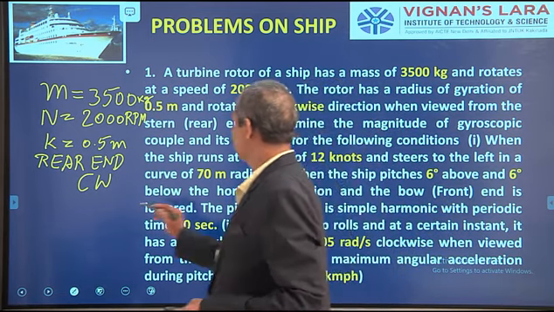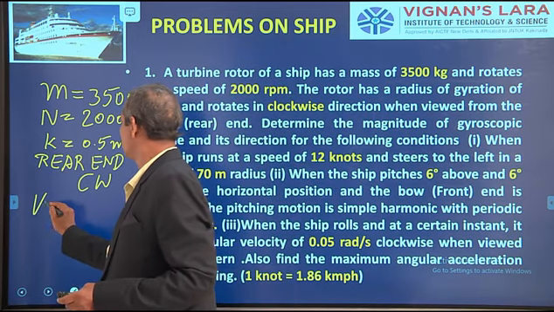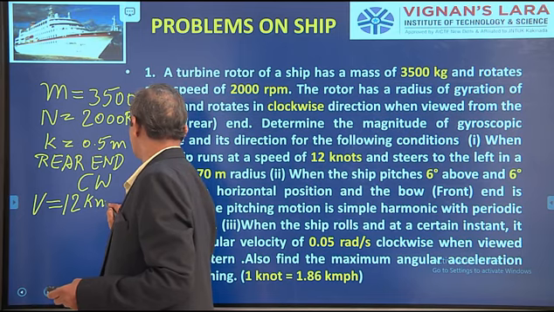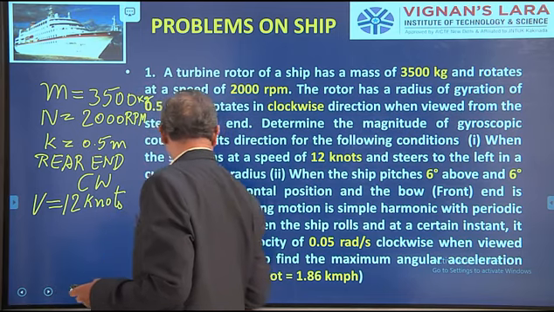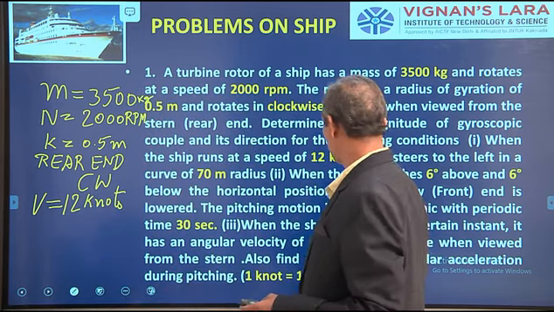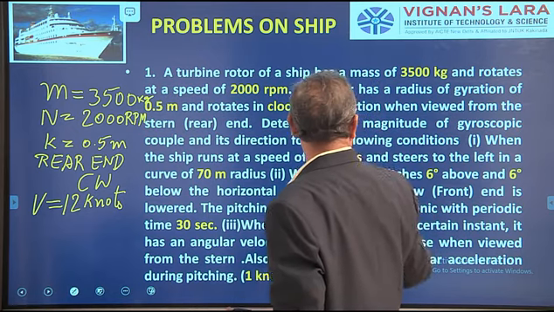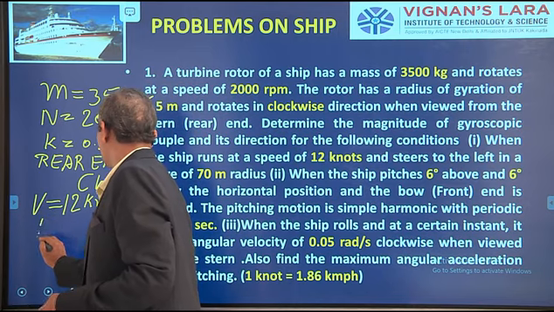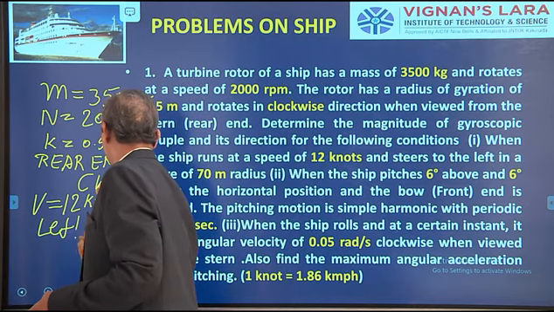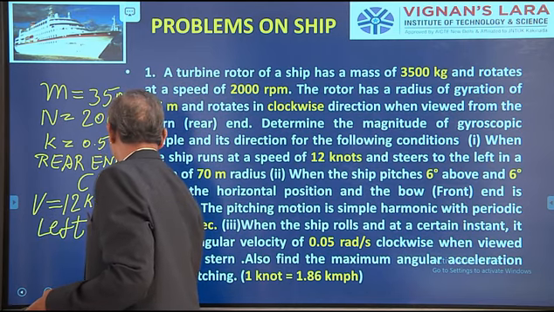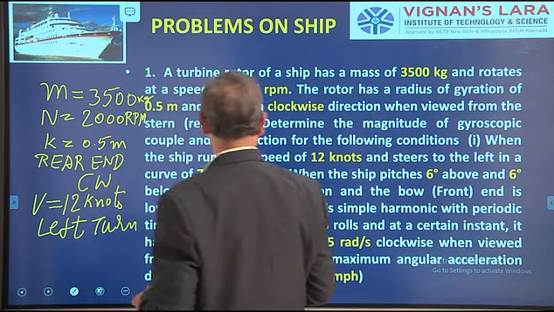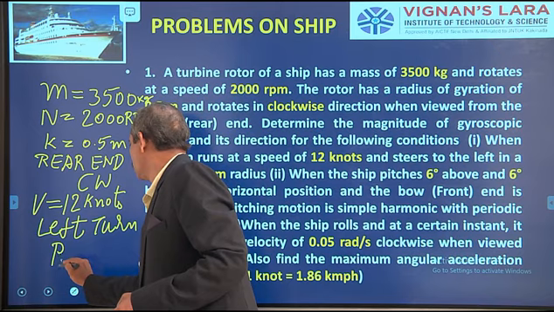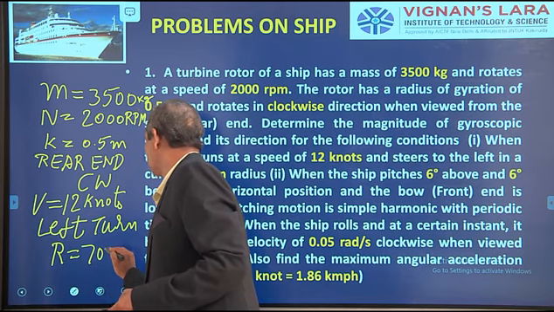Ship speed is 12 knots, and I will convert the knots into kmph later. Then it takes a left turn. Then what is the radius? It takes a radius r of 70 meters.